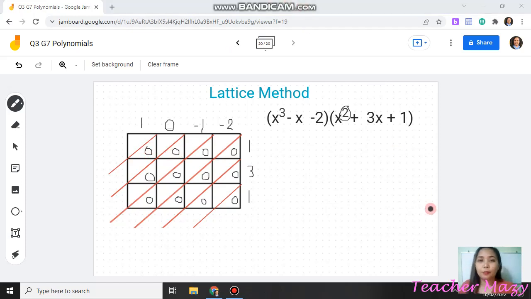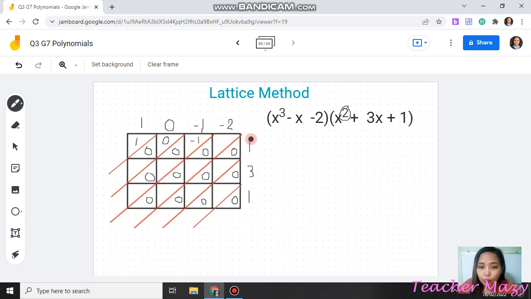Okay, so after putting zeros below each diagonal line, let's multiply the entries from each column to the entries for each row. So 1 times 1 is equal to 1. 0 times 1 is equal to 0. Negative 1 times 1 is equal to negative 1.